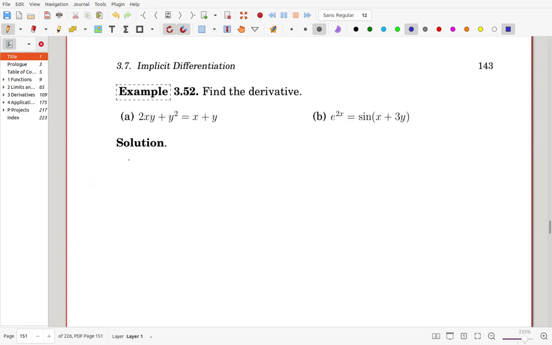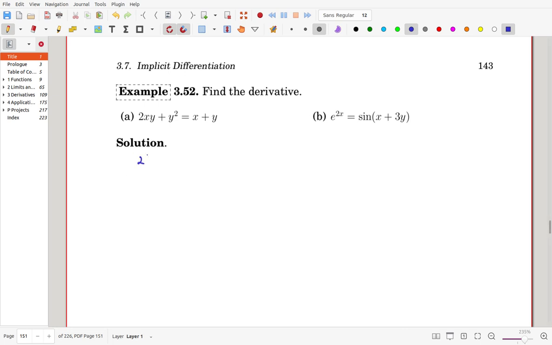Okay, we differentiate the equation with respect to x. Now y is a function of x, so x appears here and y appears here, so we have to use the product rule.